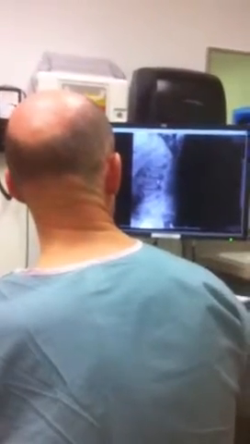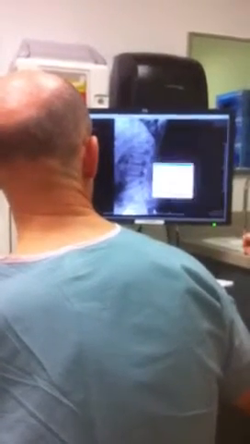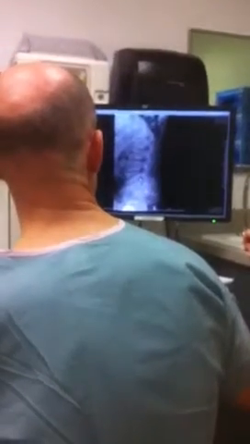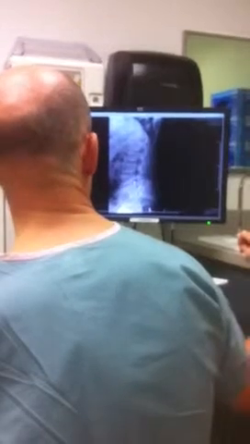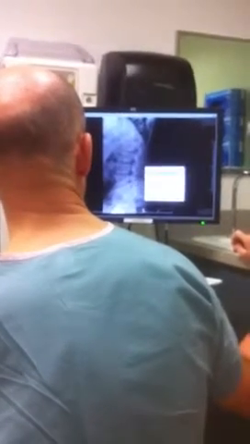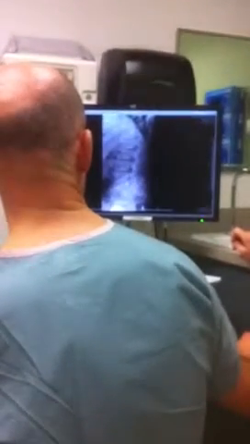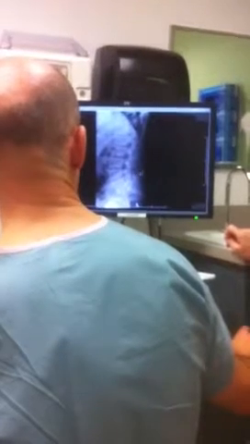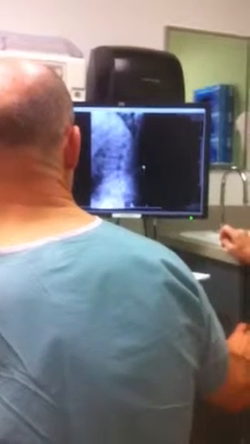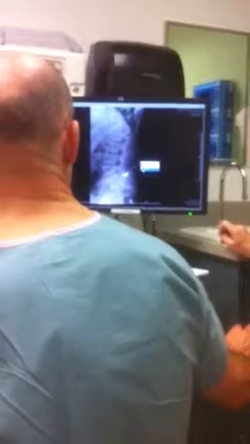What I mean about the alignment is, here's the lock. Here's the lock. Here's the lock.